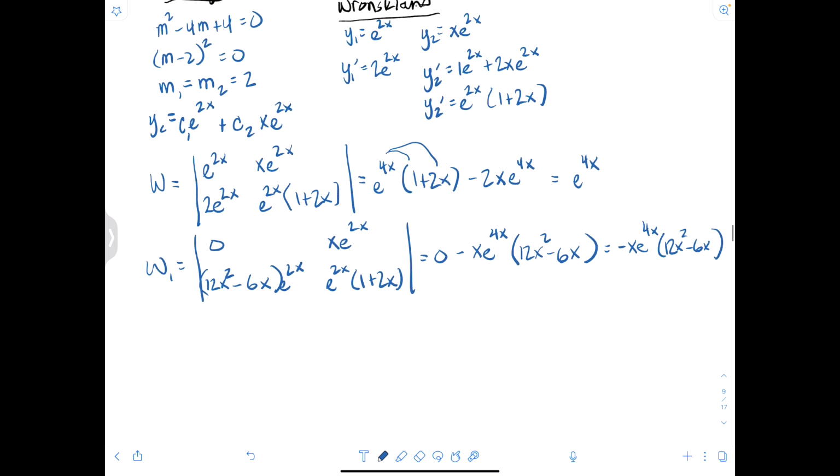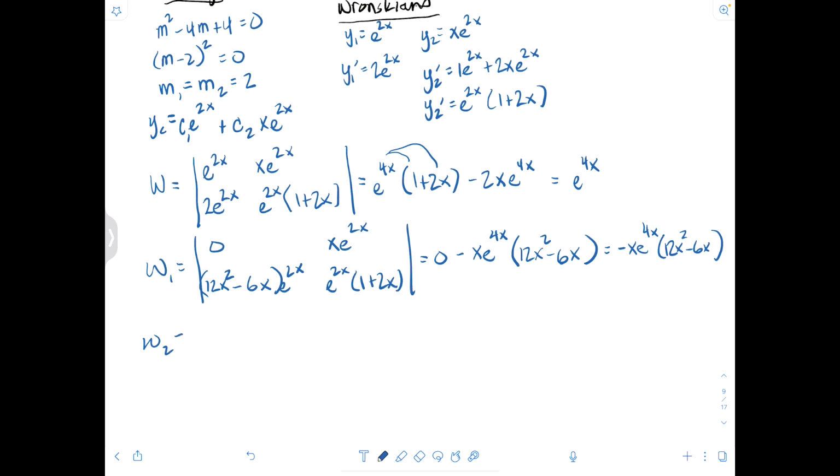All right, and w2 will be e to the 2x, 2e to the 2x, and then 0 and 12x squared minus 6x times e to the 2x.